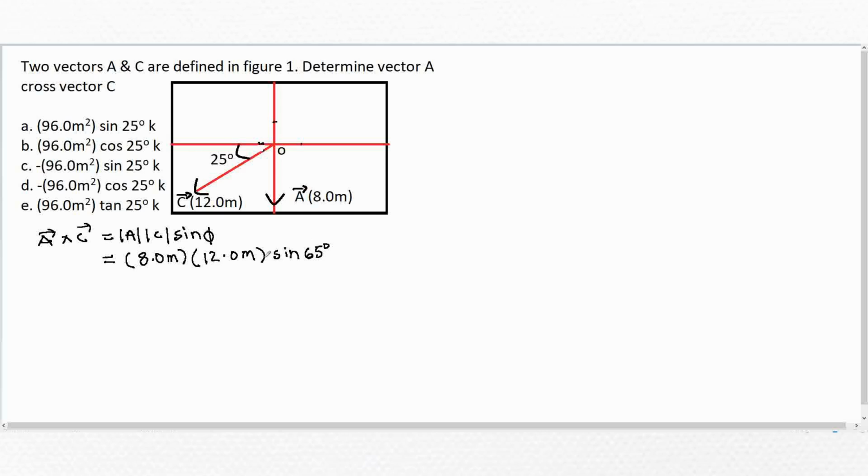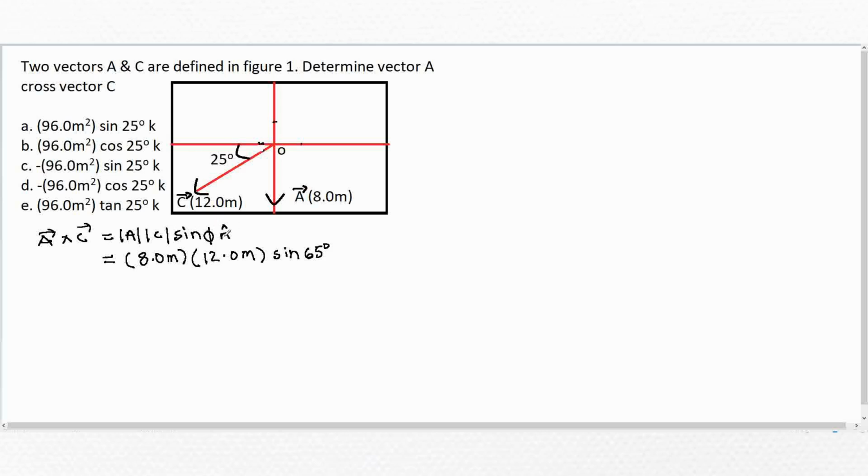Then you see, the cross product between A and C gives us a vector. The vector has this magnitude, and its direction is n hat. So n hat here is the unit vector that gives us the direction for the new vector. When you cross two vectors, we get a new vector, and vectors have magnitude and direction.